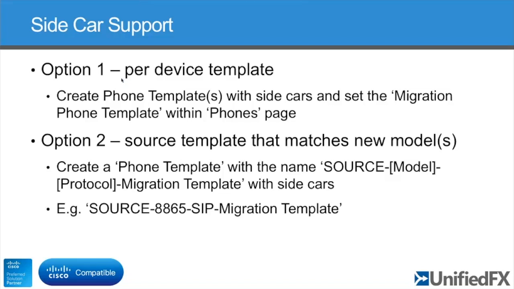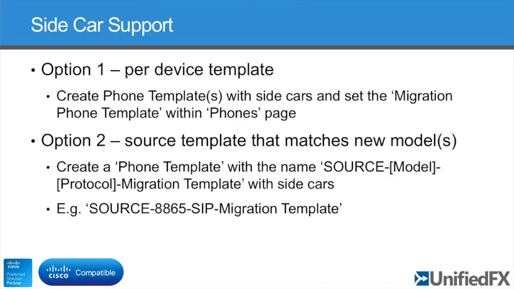Option 1 is you can use the migration phone template I was just describing, and one of the things that you do inside that phone template is you specify the sidecar configuration, 1 module, 2 module, etc. And that particular template, you set it against the device or devices inside the interface.